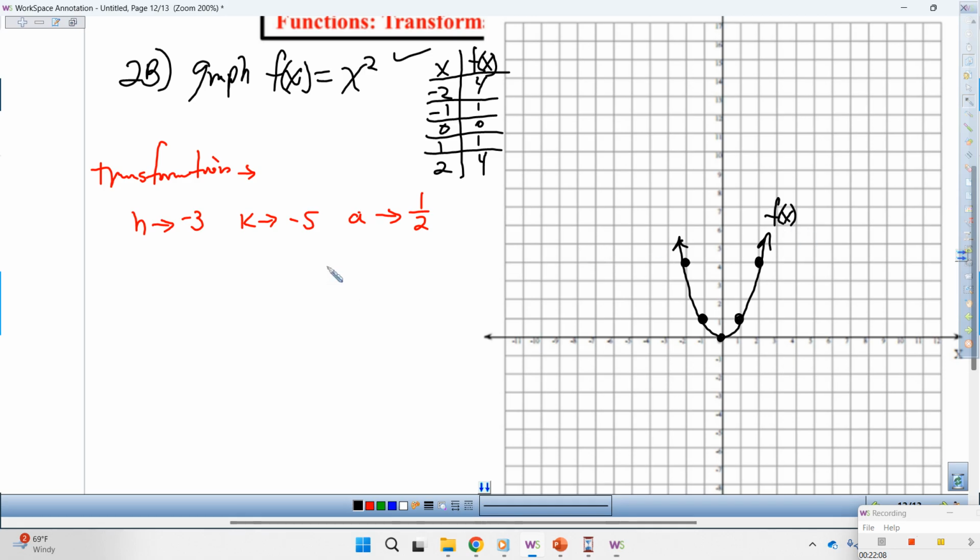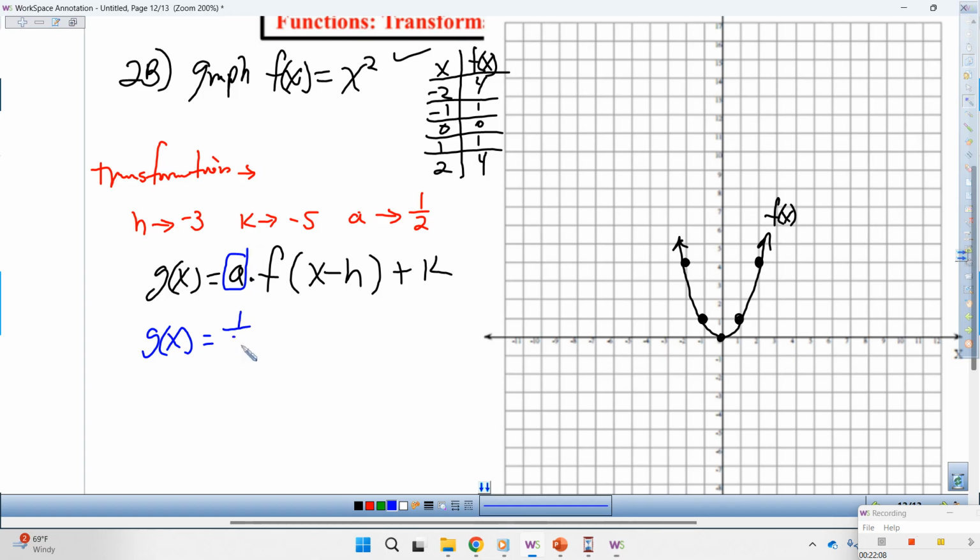All right. Next, they want us to transform according to these. So we write our form first. G of x equals a times f of x minus h plus k. So, G of x equals, what is a, Gio? 1/2.